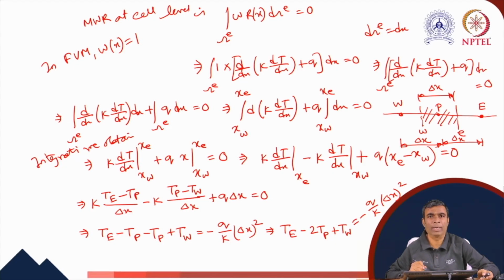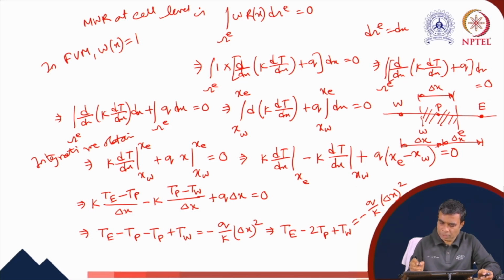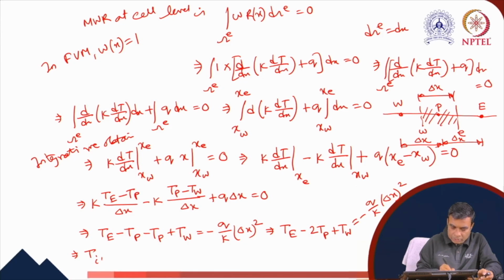When we deal with one-dimensional problems, it will be shown later that finite difference, finite volume and finite element, particularly for this heat conduction problem, give us the same matrix equation system and accordingly the same solutions. Then we can make a correspondence as Ti+1 minus 2Ti plus Ti-1 equals minus q by k delta x whole square.